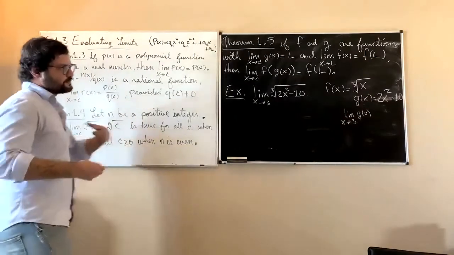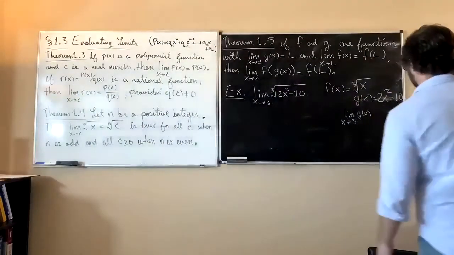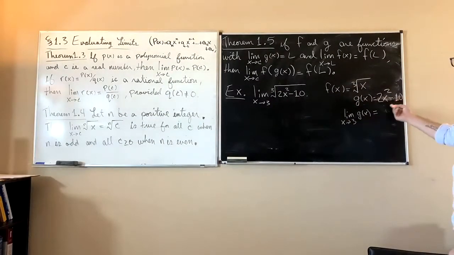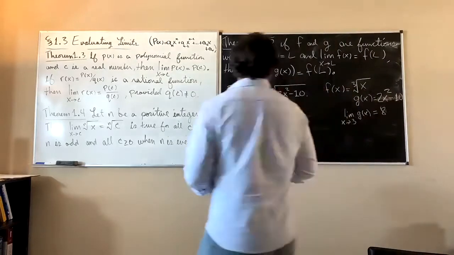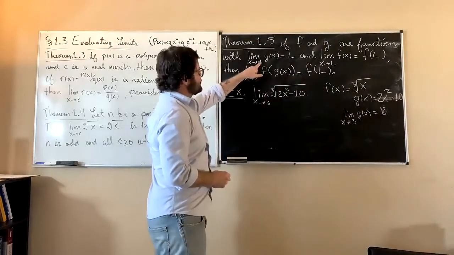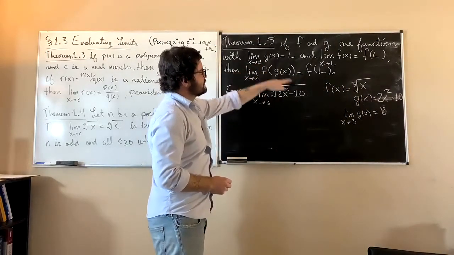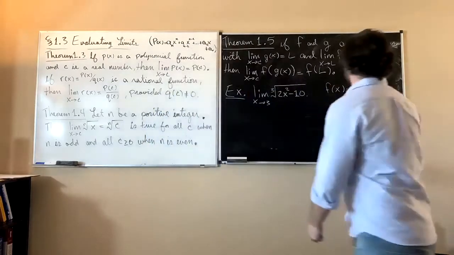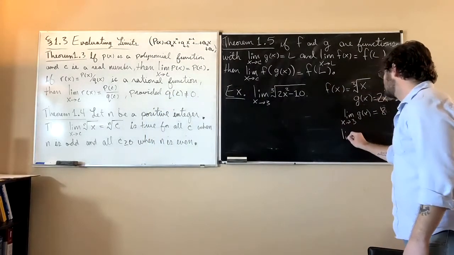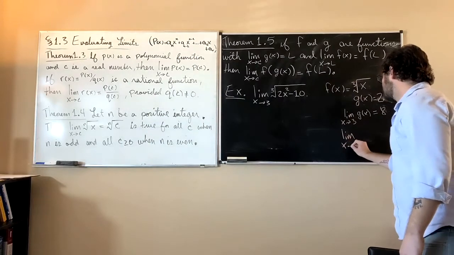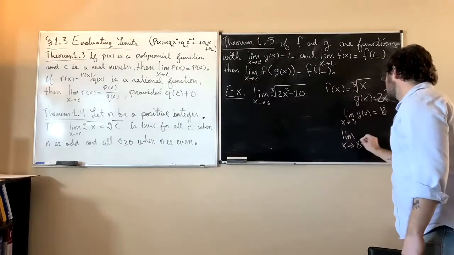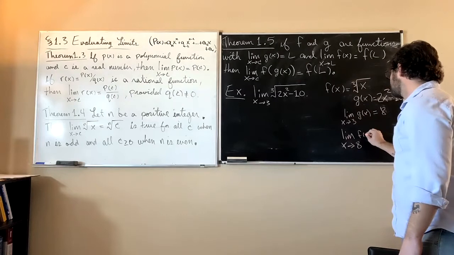So we plug in 3, and we get 2 times 9, which is 18, minus 10, which is 8. So that's the limit as x approaches c for g. Now we need to look at the limit as x approaches 8 of f.